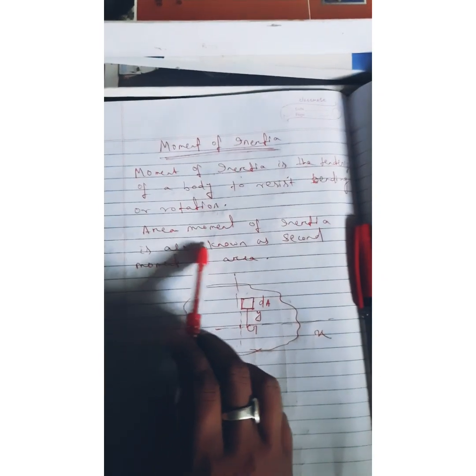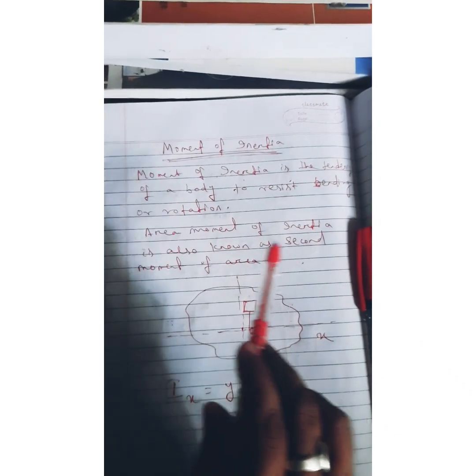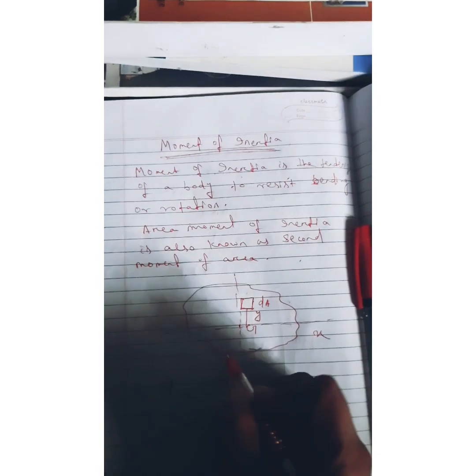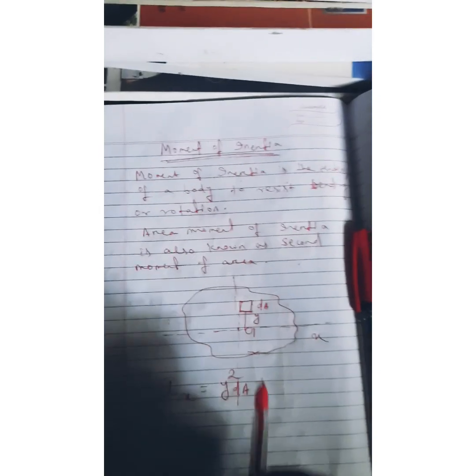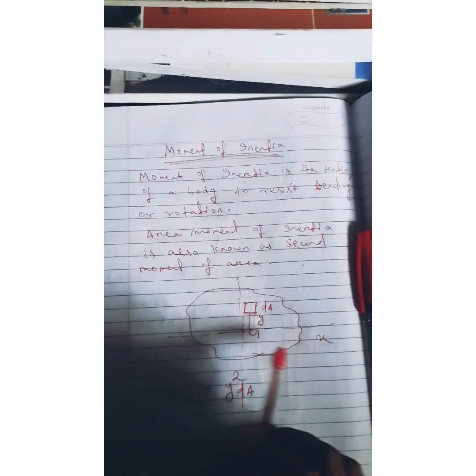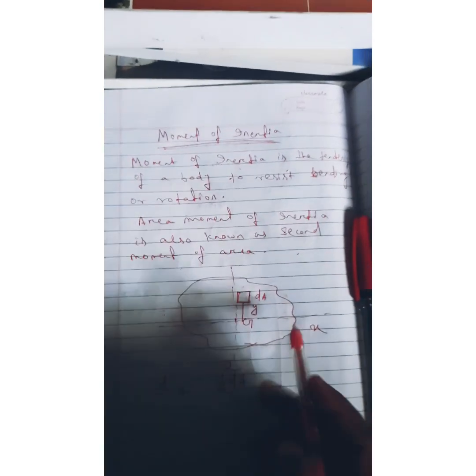I have already told you moment of inertia is a second moment of area, that is area moment of moment. So moment of inertia is y into y dA, that is y square dA. This geometry is a combination of these small areas. So what will be the total moment of inertia?